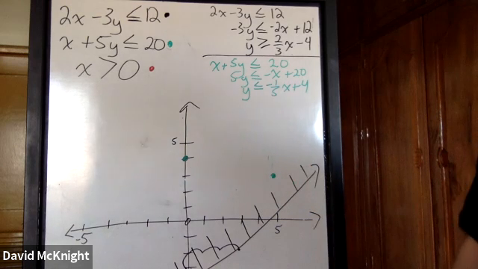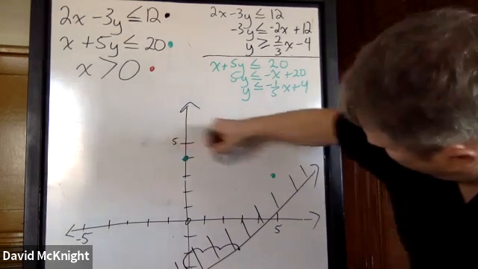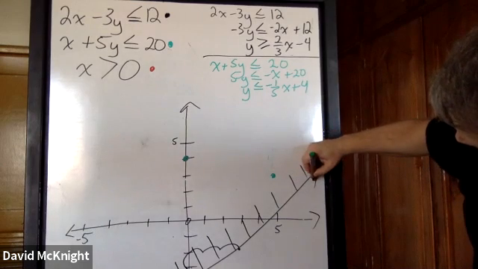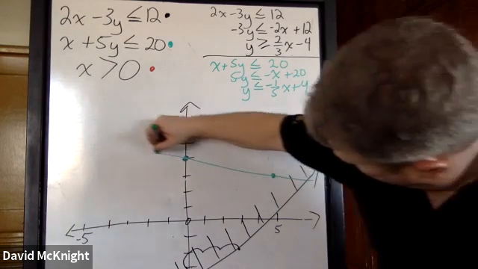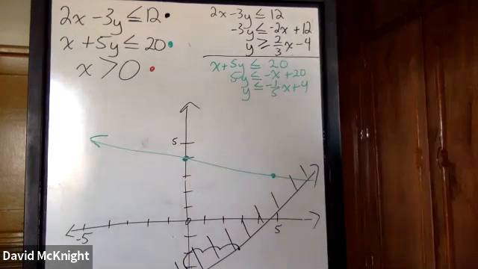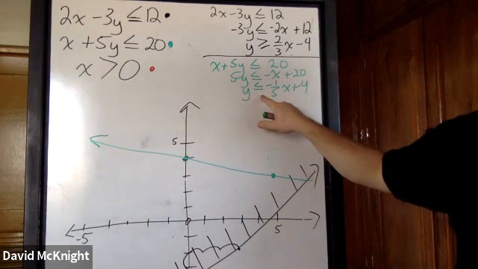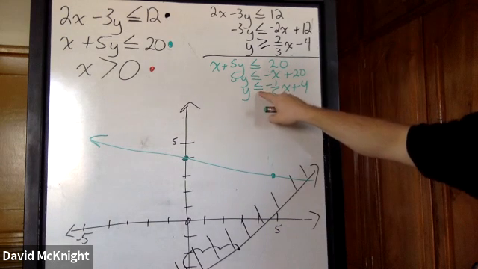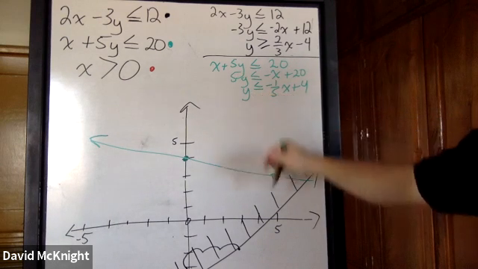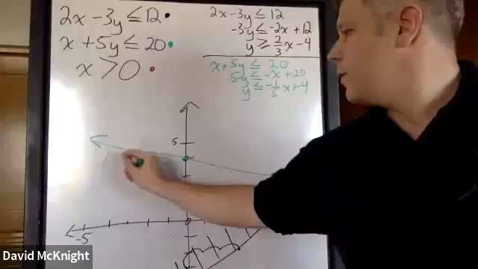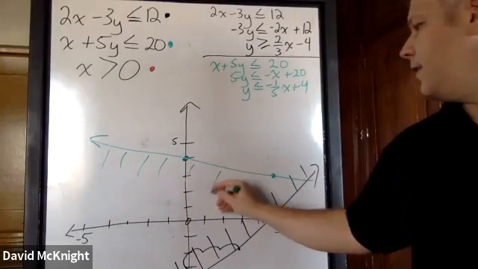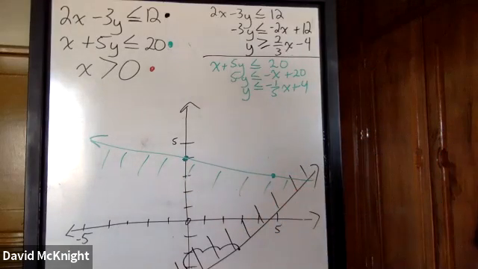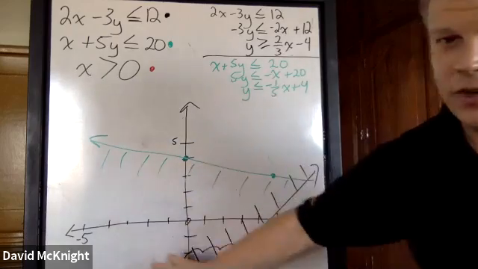This one is a very shallow slope, so it comes across like that. Again, it's a solid line because it includes the line, but this time y is less than, so we're going to shade below the line. So we can see so far this is the region that should be shaded.